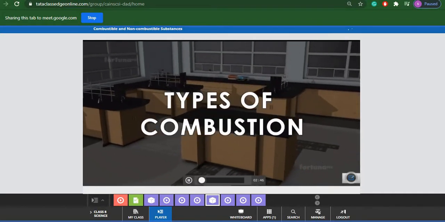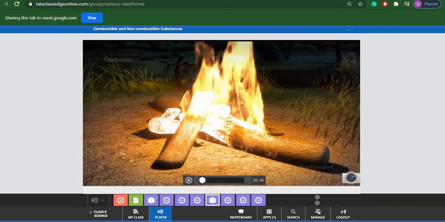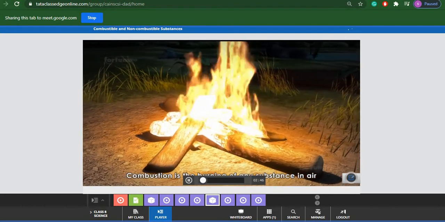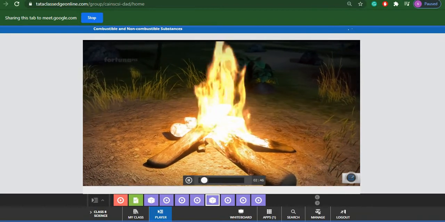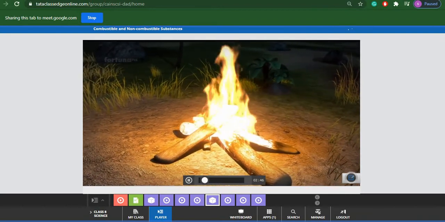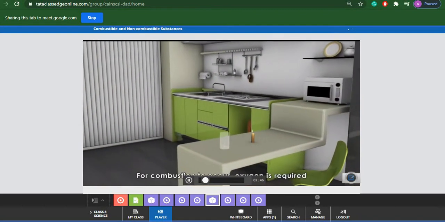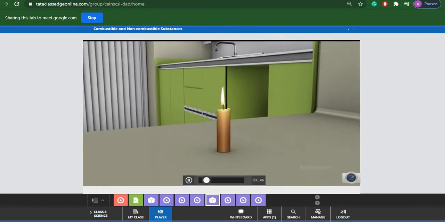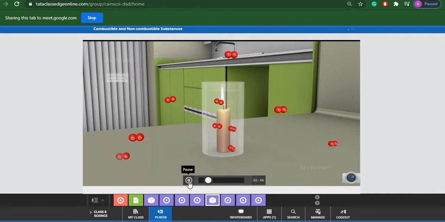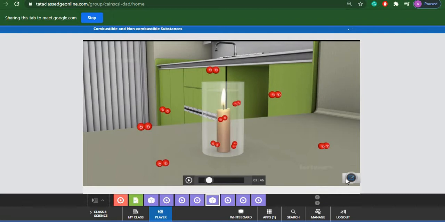Types of combustion. Combustion is the burning of any substance in air. When something combusts or burns, it will produce both light and heat. For combustion to occur, oxygen is required. A candle will burn in the open air. But when we invert a glass over the burning candle, it will burn only as long as the oxygen is available inside the glass. So here you can see these are oxygen, right?